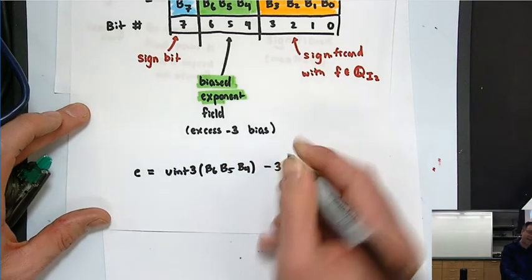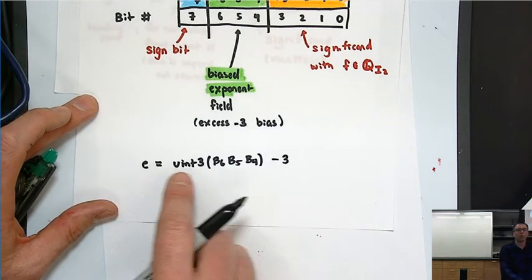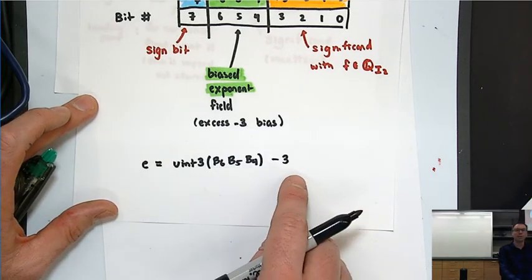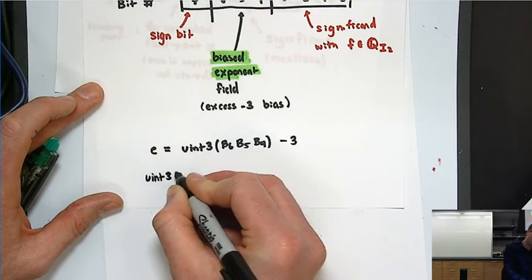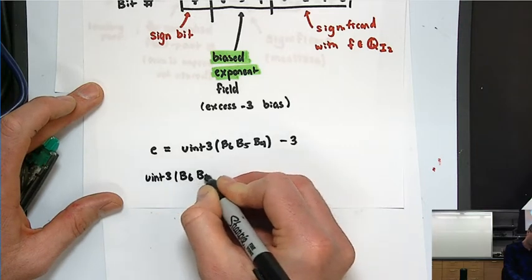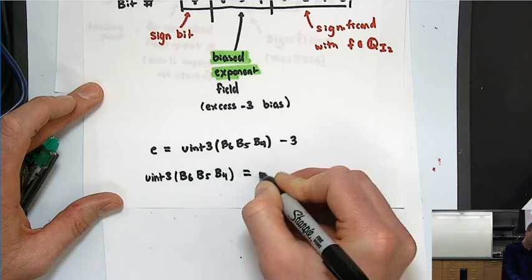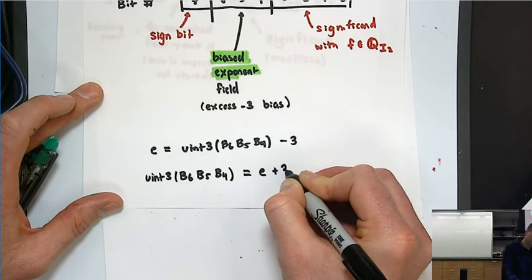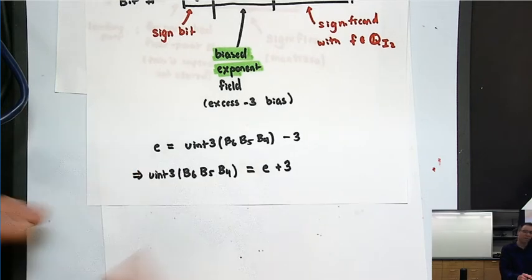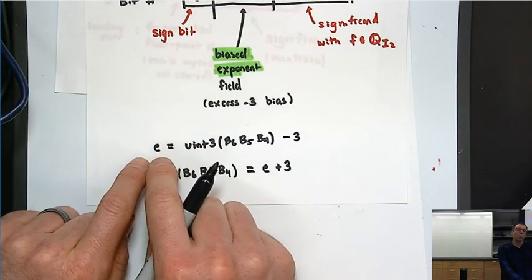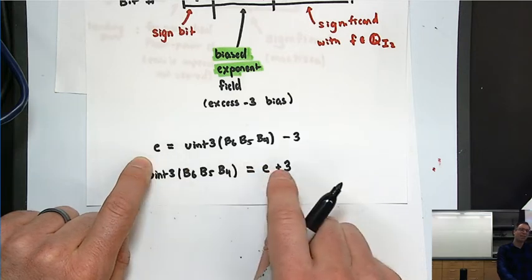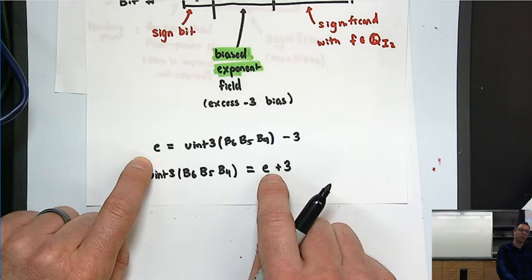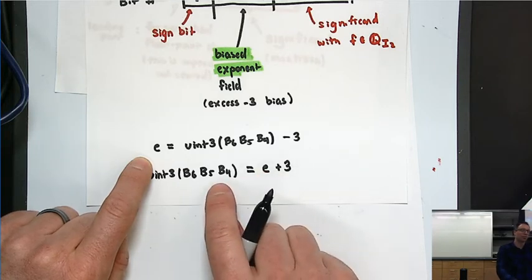In order to get the actual exponent value from the corresponding bit string, I'm going to subtract 3.